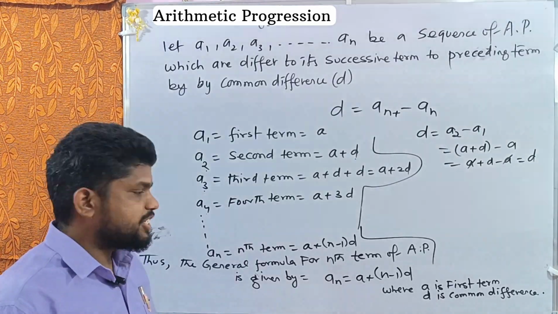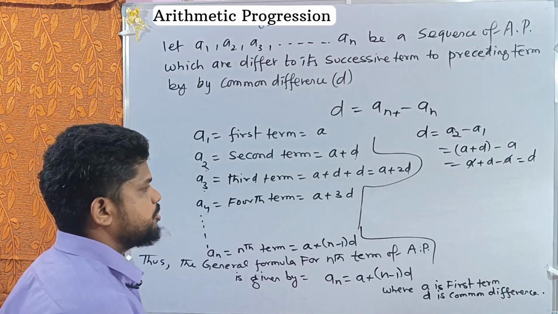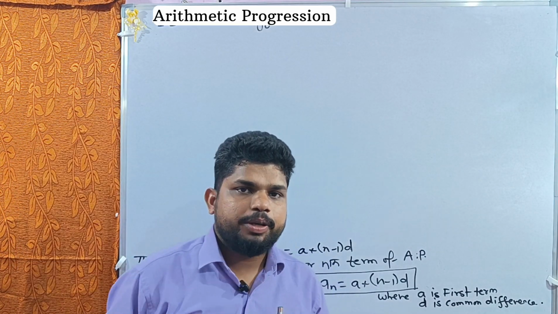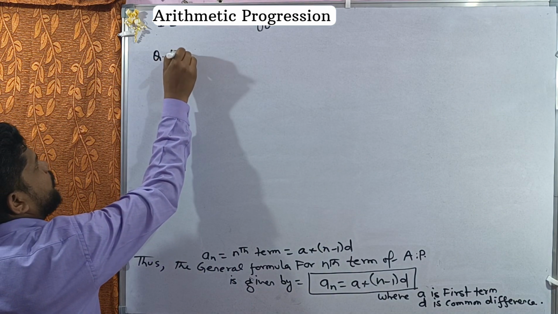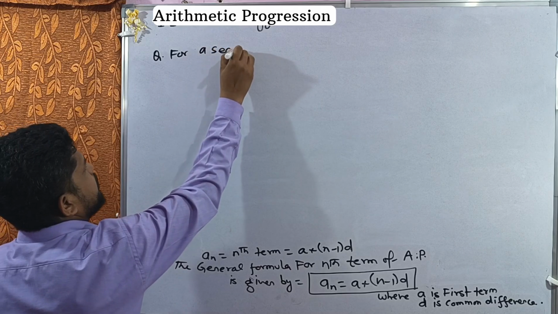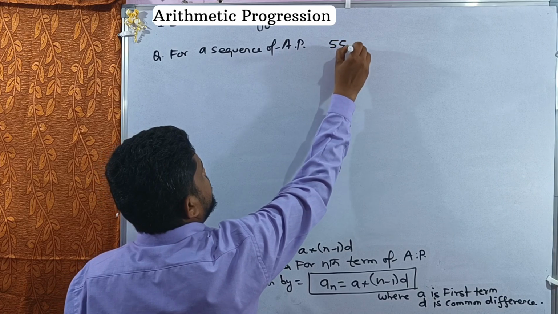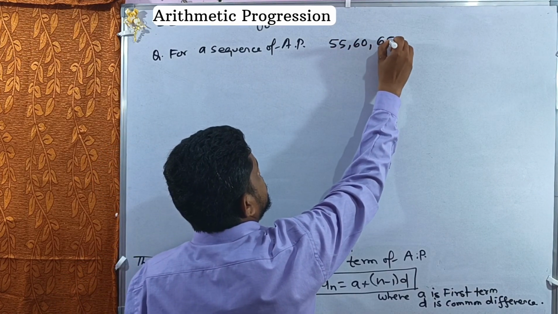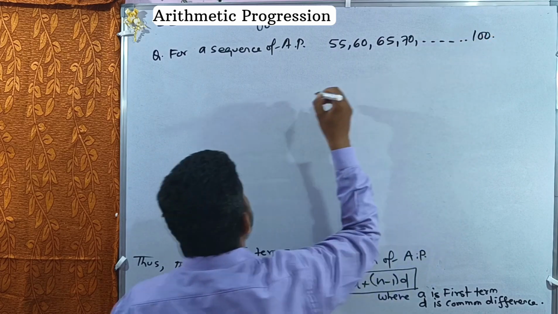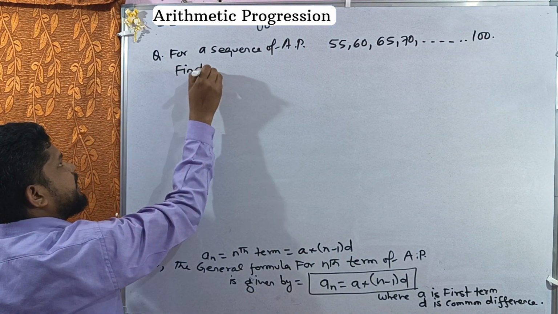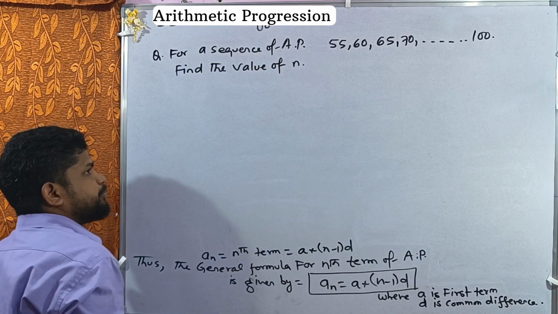Now, dear students, to understand the nth term of an AP better, let me take one example. Suppose we are given a sequence of AP: 55, 60, 65, 70, ..., 100. Find the value of n.